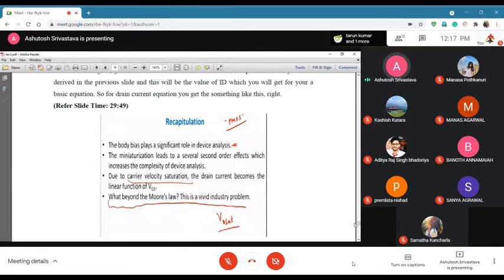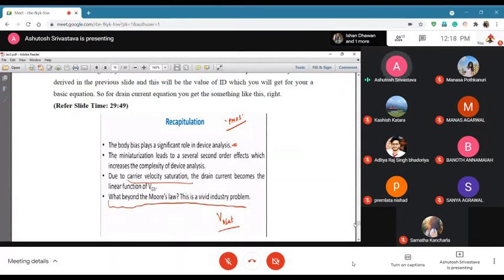So the body bias plays a significant role post fabrication in device analysis. So recapping whatever we have talked about, the miniaturization leads to several second order effects which increase the complexity of the device.